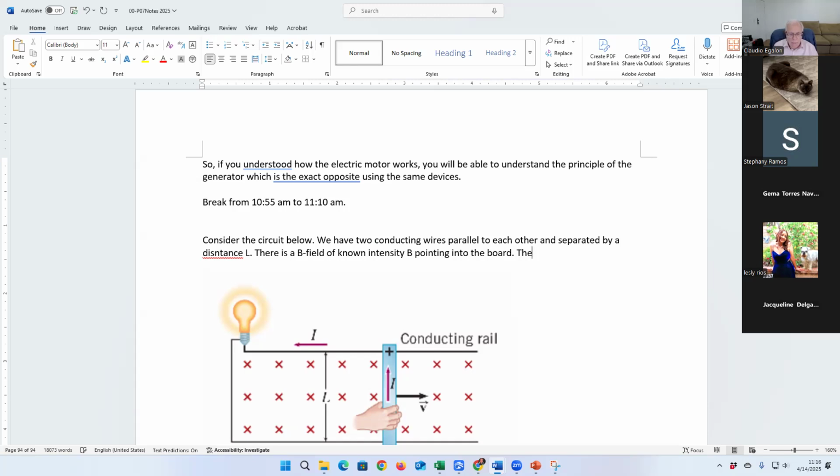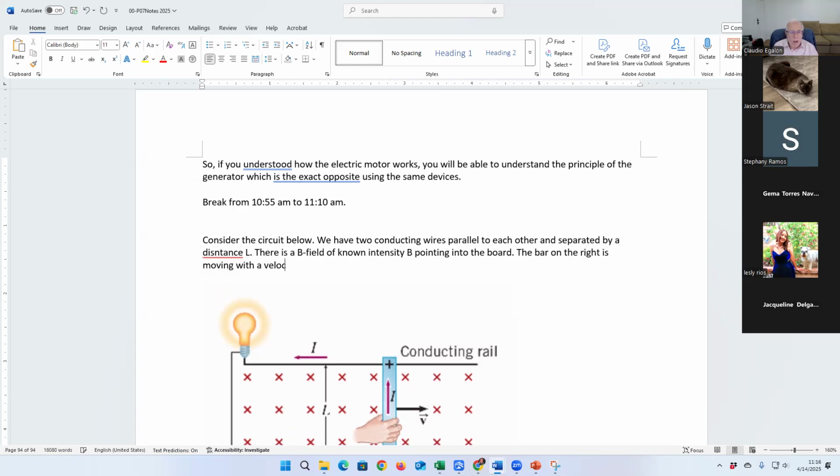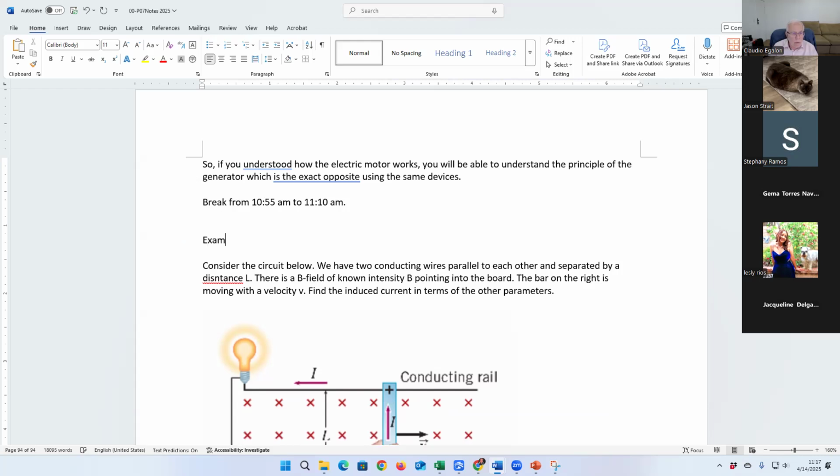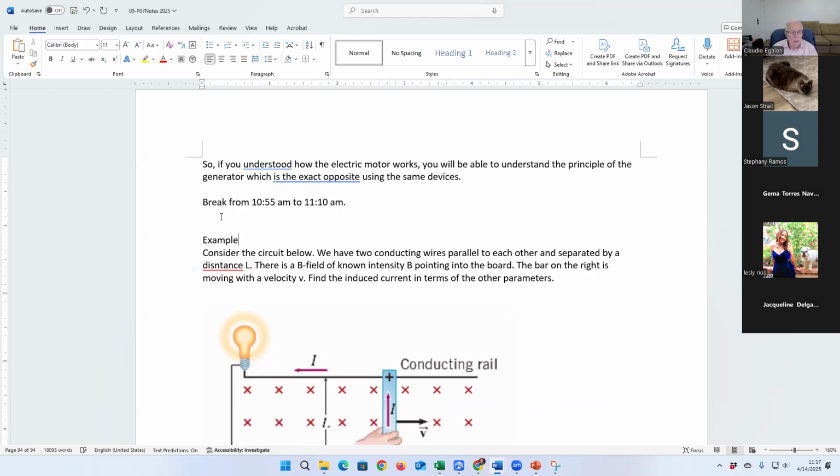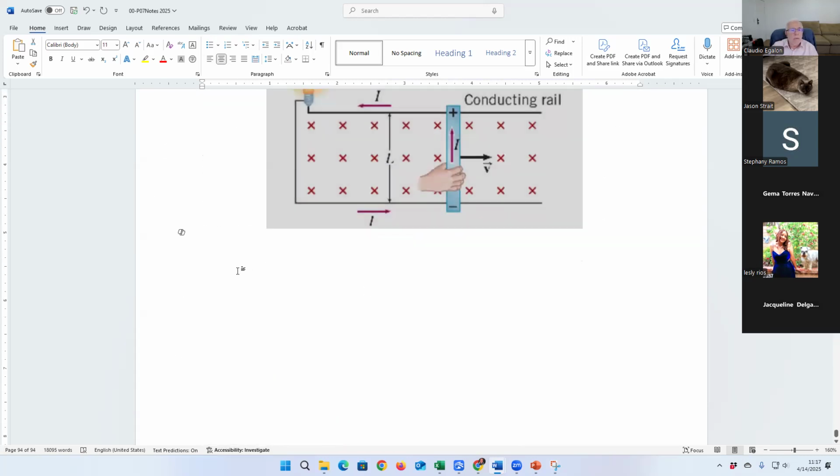The bar on the right is moving with a velocity v. Find the induced current in terms of the other parameters. Treat that as an example. Solution.